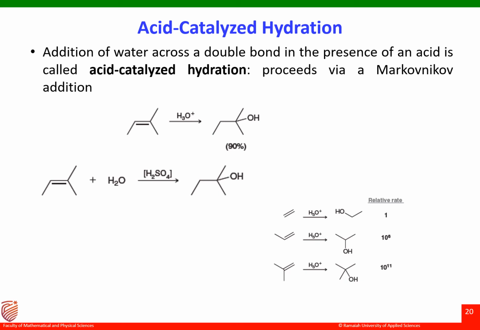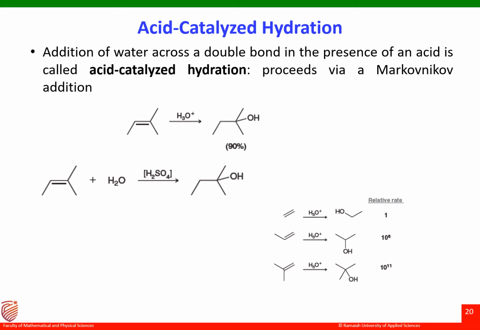Let's look into another set of electrophilic addition reactions, and that is acid catalyzed hydration. Why does this terminology come, acid catalyzed? Hydration itself says adding a water molecule, H and OH, across a double bond.